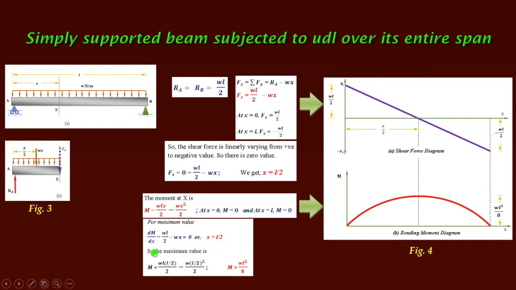And for the maximum value, substitute in this equation x equals to L by 2. Then we are getting M equals to omega L square by 8. So the bending moment diagram is parabolic starting from 0 ending at 0 and the maximum magnitude from this point to this point is omega L square by 8. So it is the total shear force and bending moment diagram of the simply supported beam subjected to uniformly distributed load.